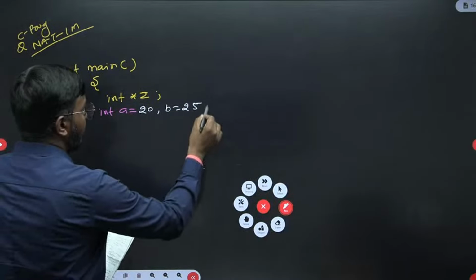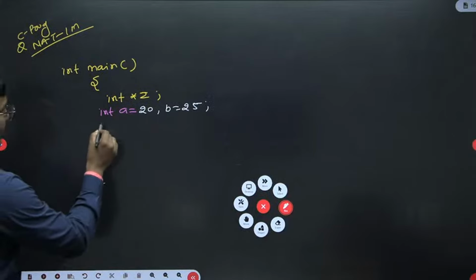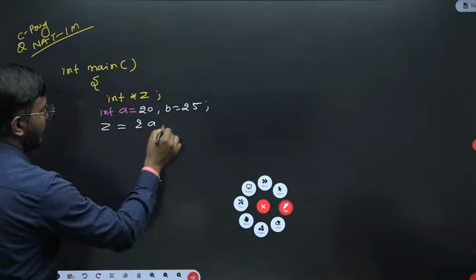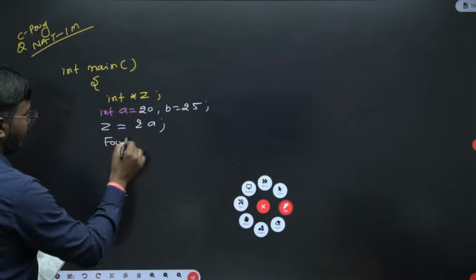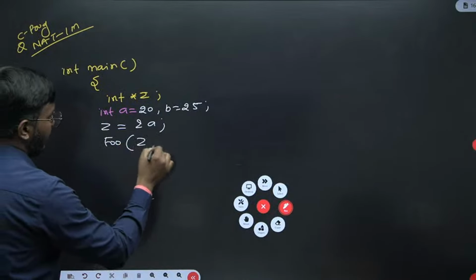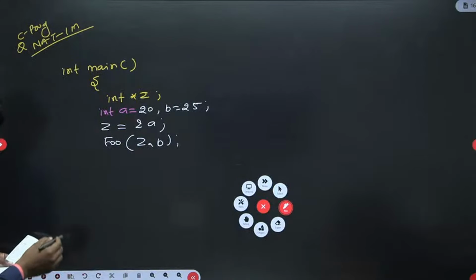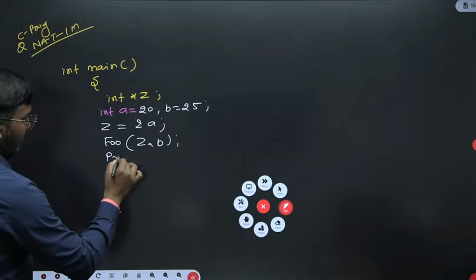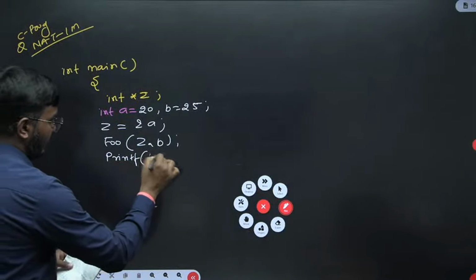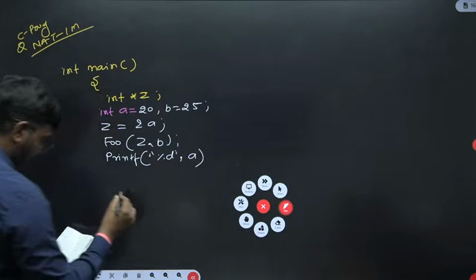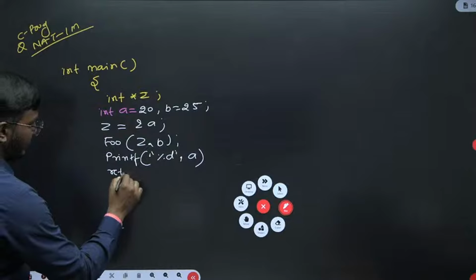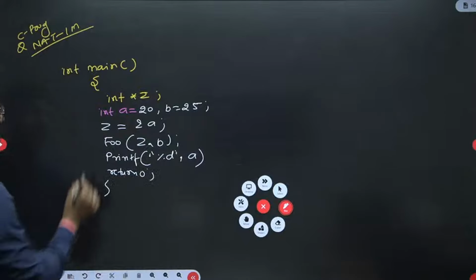Then we have z equal to &a. Then we have foo of z comma b. We call this function foo. We will see this function also. Then we have the printf function with %d, printing this a value. Understood? And the last one is return 0. This was the function main.